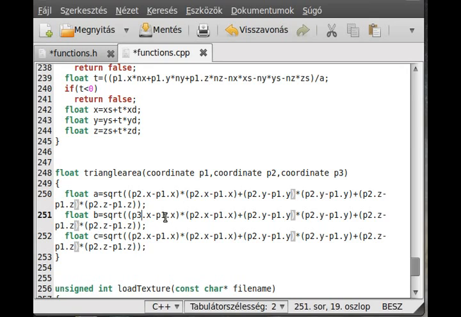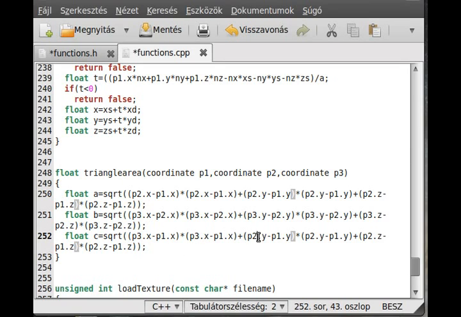So this is p3 minus p2. This is the other side, which goes from the p2 to the p3 point, and we have one more side, which goes from p3 to p1.